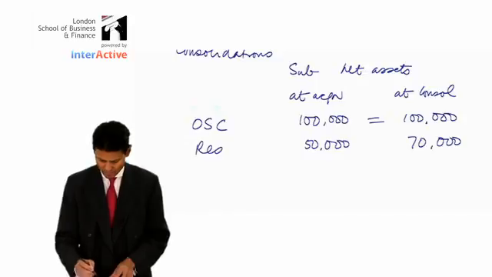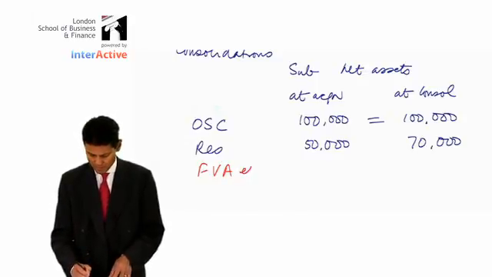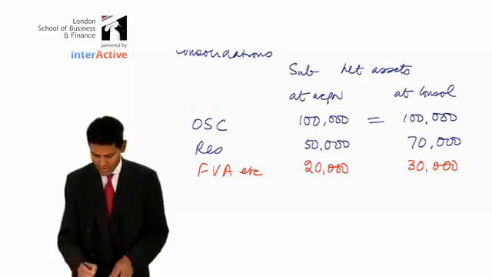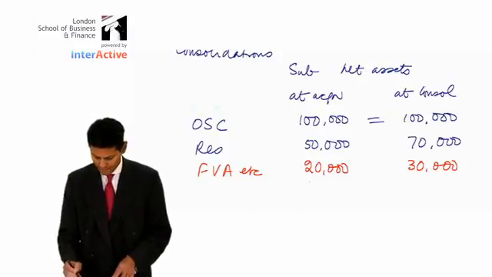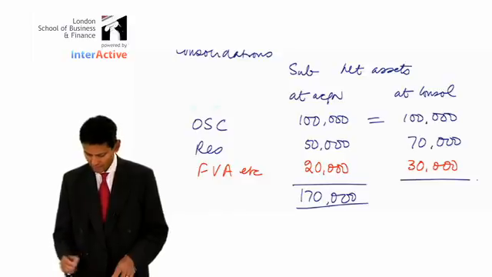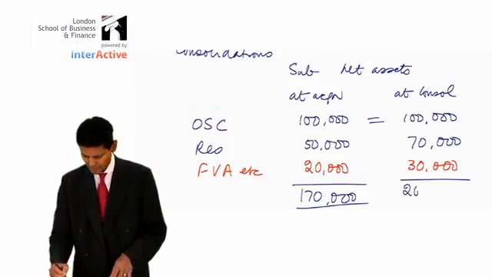Then you have your fair value adjustments and bits and pieces that total up to, say, 20, and here, I don't know, 30 perhaps. If you now add up the left-hand side, that is 170, you see. And if you add up this side, that's 200.